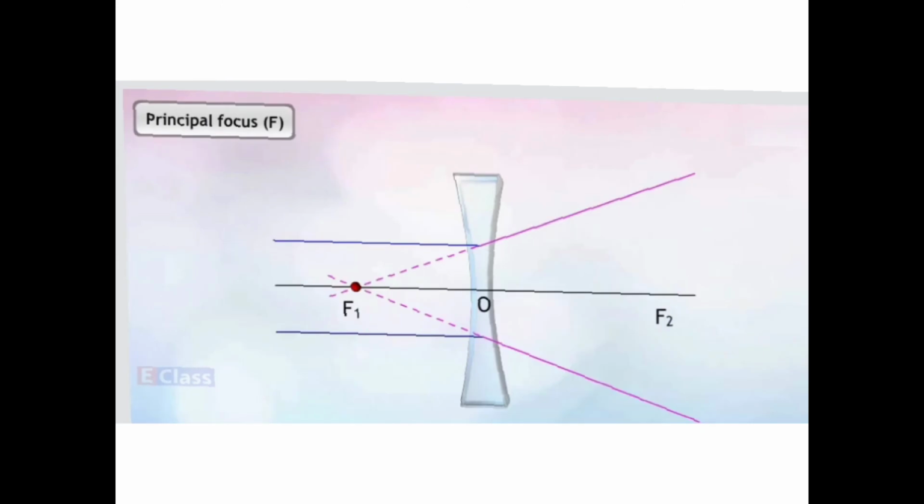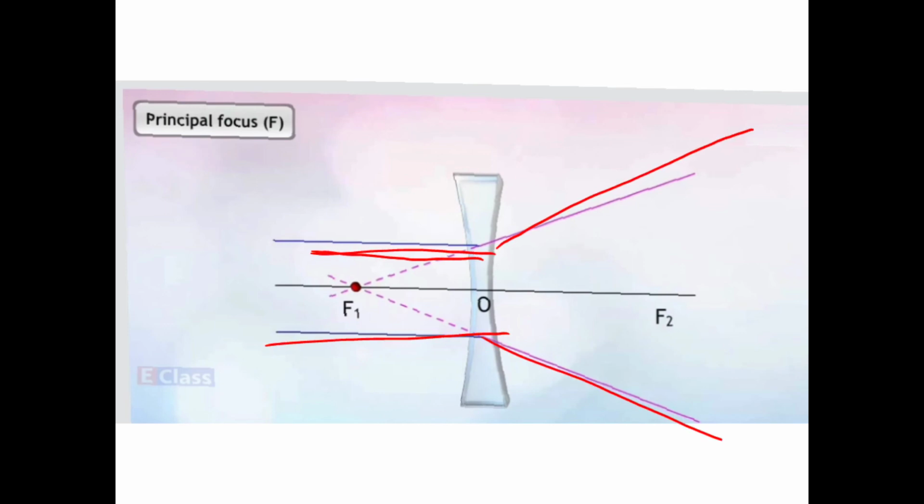Now come to this. See, this is the light ray which is passing. As it is biconcave, it will get diverged. Right? This is the ray of light, it will get diverged. But children, if you extend it backward, you will observe that both are meeting at one point, and that is also called the principal focus for the concave lens.